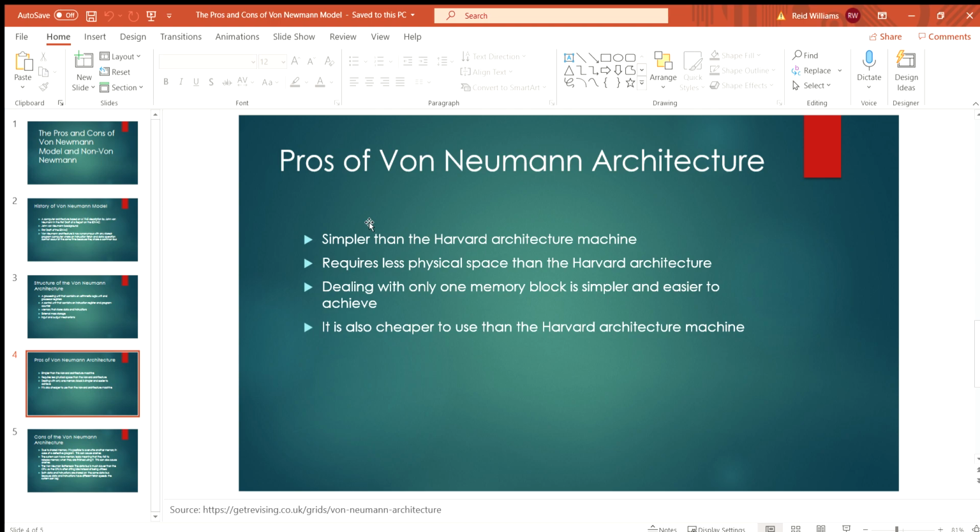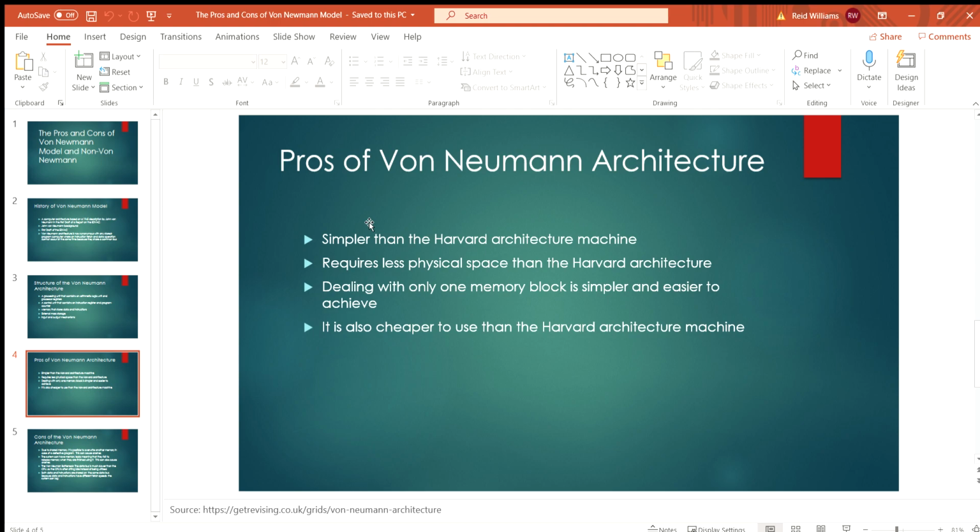Also, having to deal with only one memory block is simpler and easier to achieve, and as you'll see, it comes with its flaws and issues, but it is definitely a benefit when it comes to quickly implementing, or if you have a simple problem that you need to deal with.